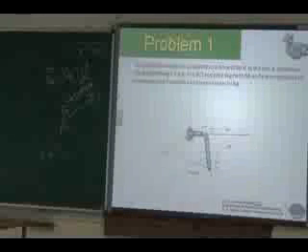Upward is positive z, y is positive to the right side, x is positive to the front. So 2, 3, minus 1 are the coordinates for point B.